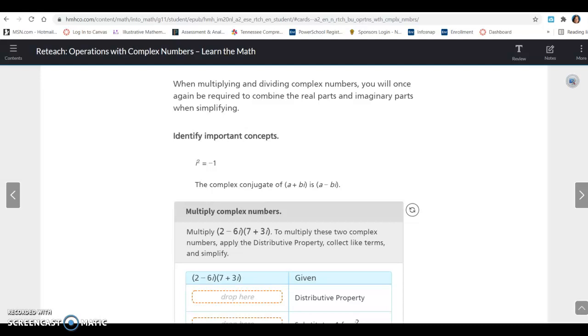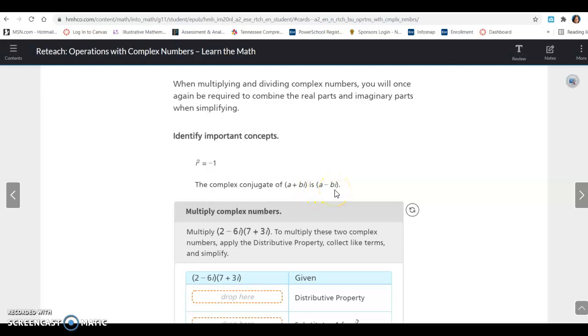Alright, when multiplying and dividing complex numbers, you will once again be required to combine the real parts and the imaginary parts when simplifying. Don't forget that i squared equals negative 1, okay? i squared equals negative 1. So a complex conjugate of a plus bi is a minus bi.